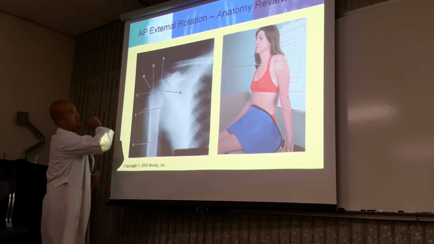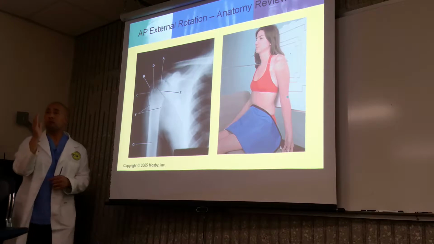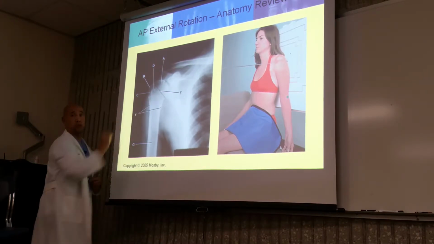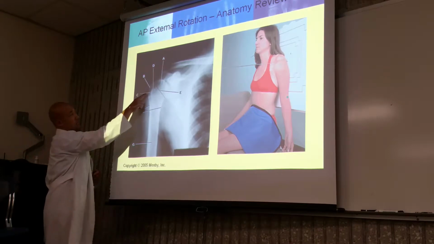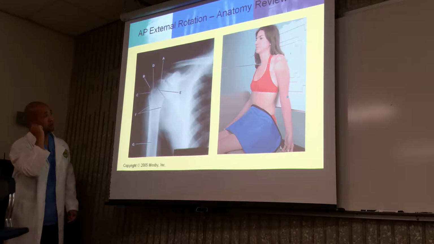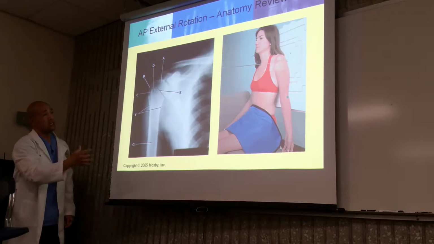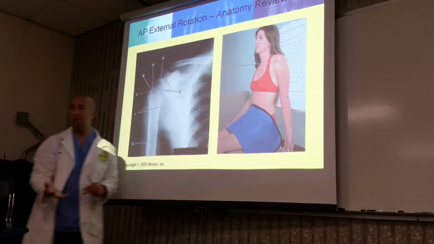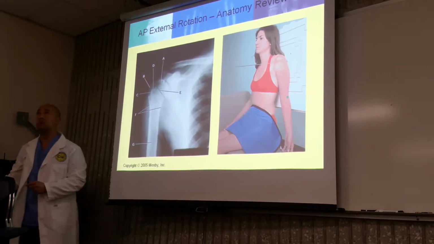So that would be B. The other tubercle then will be projected in the head of the humerus. That will be the lesser tubercle. And then you can see the space in between is going to be the intertubercular or the bicipital groove. Okay? And this, again, is how we know it's a true AP: by palpating the elbow and placing it parallel with the image receptor.